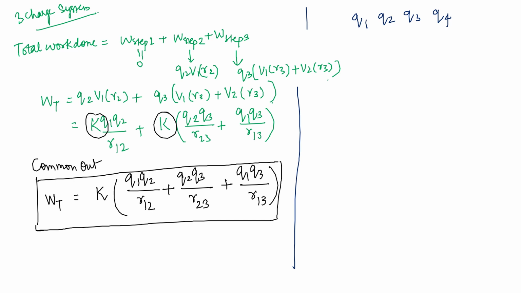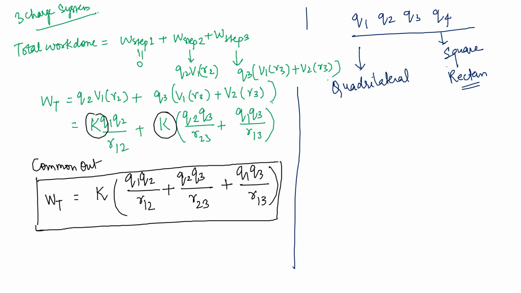As these are 4 charges, mostly the configuration will be a square, a rectangular, or any kind of quadrilateral configuration. What we aim to know is the distance r from 1 to 2, from 2 to 3, from 3 to 4 and from 4 to 1 again.